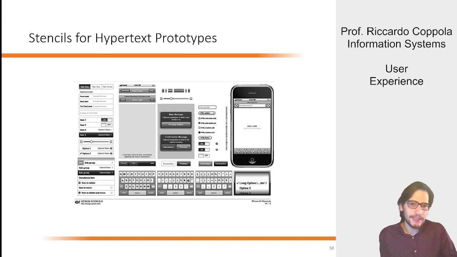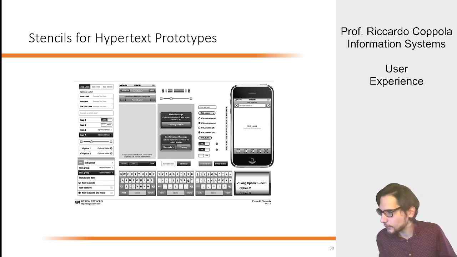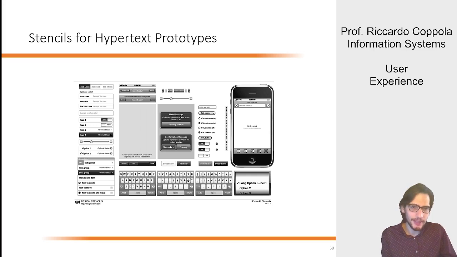Another technique that I can use is using stencils for hypertext prototypes. So there are libraries on the internet. Those are pretty old actually, because they are related to Yahoo design stencils for Android, but Android of 10 years ago. But in general, there are stencils that can be used in PowerPoint or in PDF creation to create hypertext prototypes.